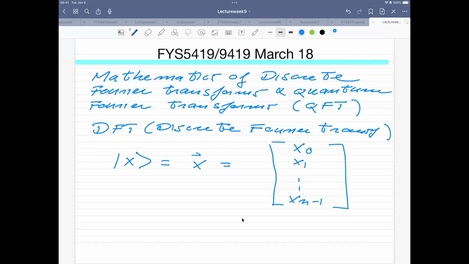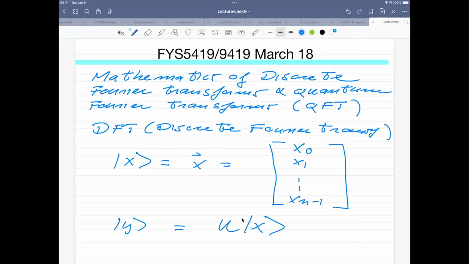We are going to find a new vector y, which is given by some transformation multiplied with x. So a Fourier transform, if we now look at the discrete variant, is nothing but us finding a unitary transformation which maps the original vector x to a new vector y. Okay, this is the basic mathematics.